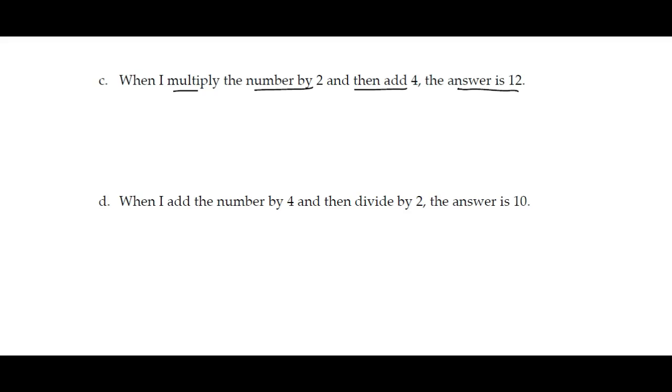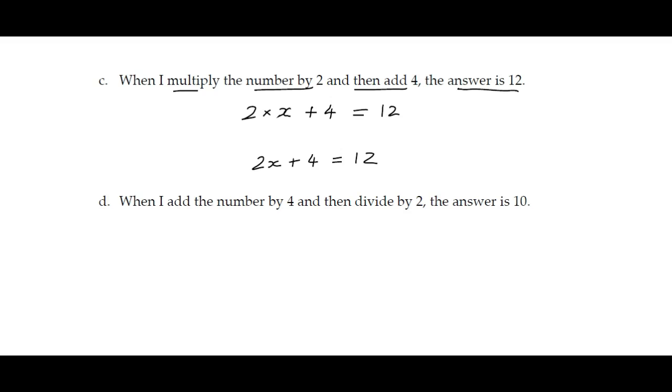We're multiplying a number, which is x, by 2. And then we are adding a 4. And the answer to that is 12, so equals 12. Again, we don't mention the multiplication sign in algebraic equations. So we can rewrite it as 2x plus 4 equals 12.